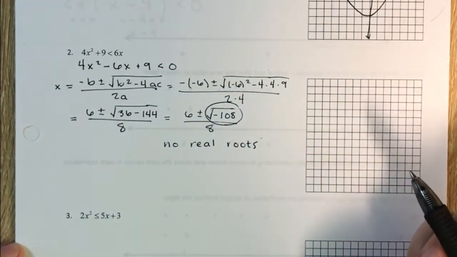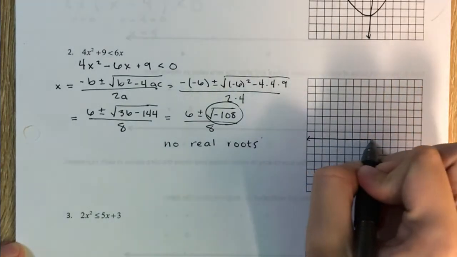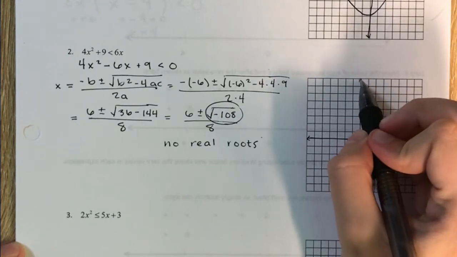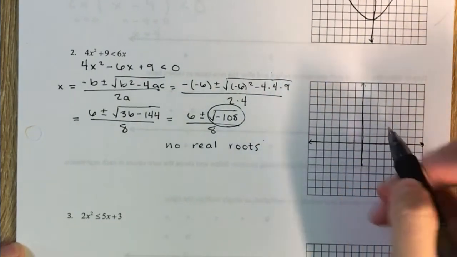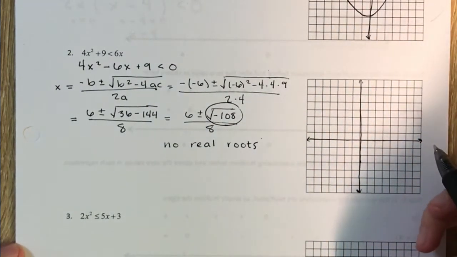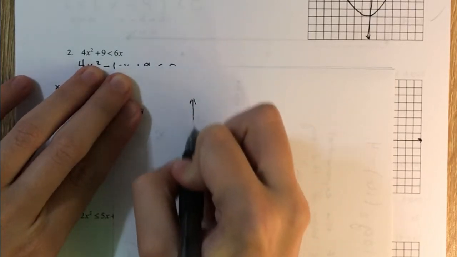So that means we don't pass through the x-axis. That's totally okay. Sometimes that happens. This is totally okay and happens all the time.